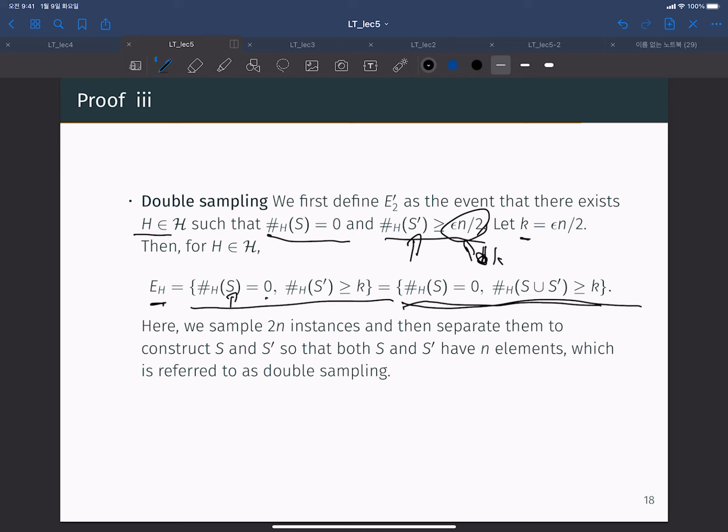And from this event, we can think of EH like this. We sample 2n instances and then separate them to construct S and S prime so that both S and S prime have n elements, which is referred to as the double sampling technique.